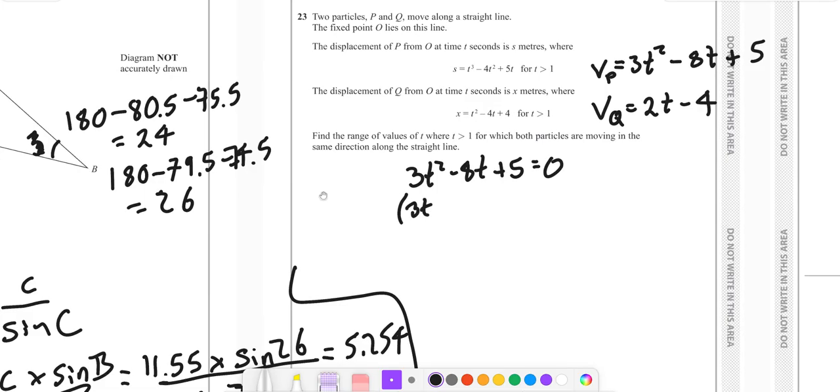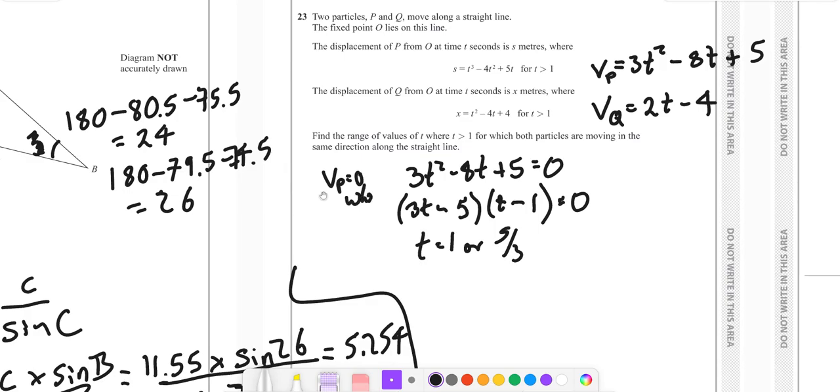So we can have 3t, let's hope they pick some nice numbers, I think they have t minus 1, 3t minus 5, yeah, equals 0. So t equals 1 or 5 over 3. That's when VP equals 0, and VQ equals 0 when t equals 2.